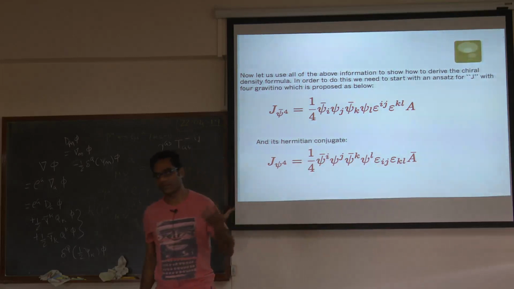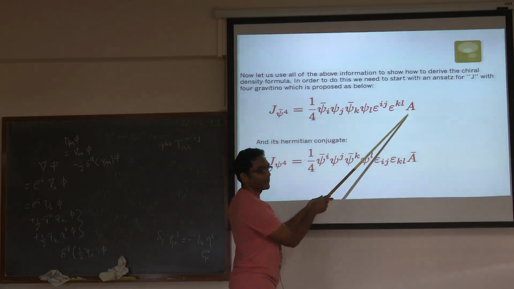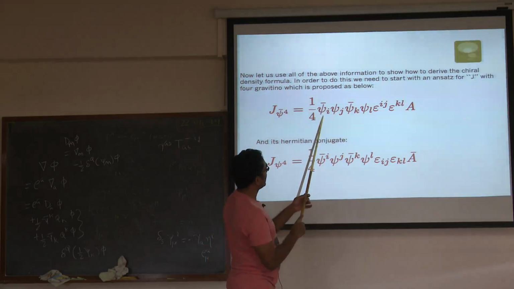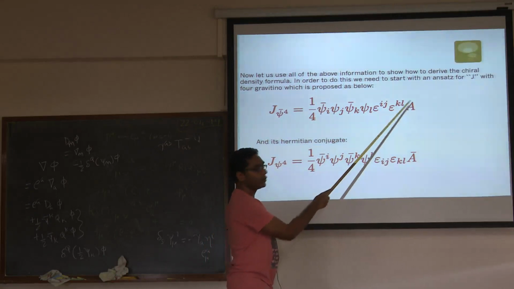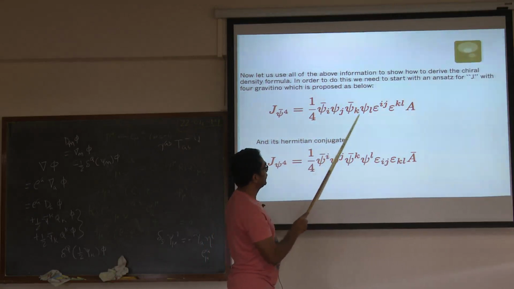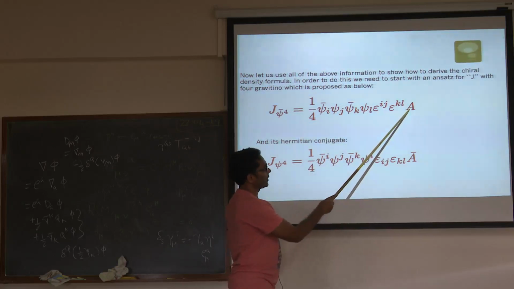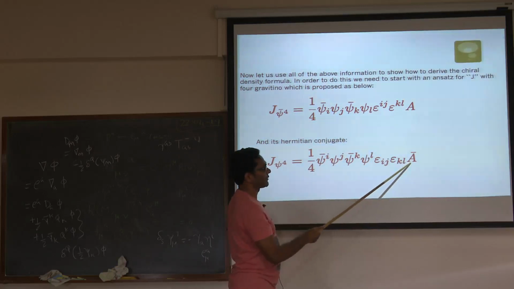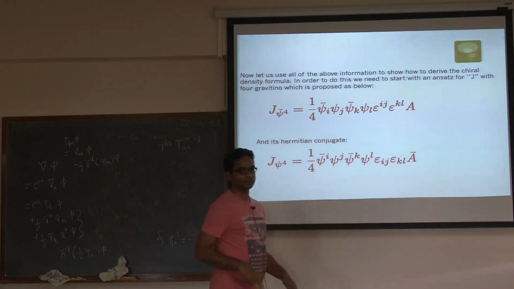It is scalar under Lorentz transformation also. It has Weyl weight 2 because, as I said, these have Weyl weight minus half. These are right handed gravitinos, so they have plus half chiral weight. So, this needs to have chiral weight minus 2 and the conjugate will have chiral weight plus 2 because these come with left handed gravitinos.